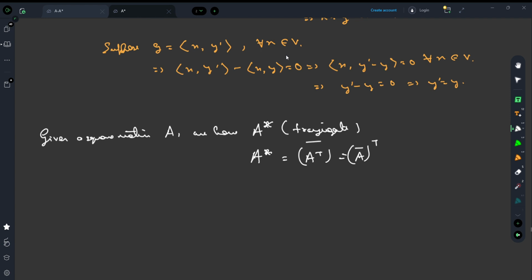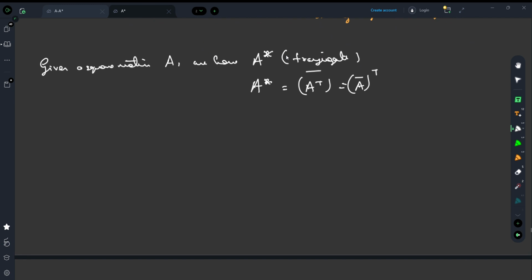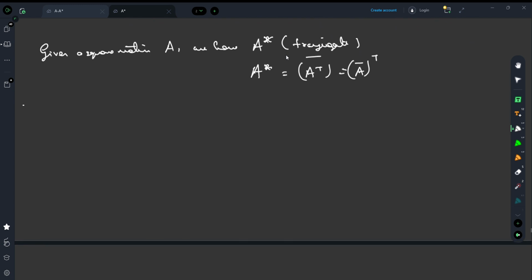So, provided we start with a square matrix, I can associate a linear operator to that matrix, and I can define a conjugate to that matrix as well. So I must be able to associate a linear operator to that conjugate of the matrix. This linear operator is actually the adjoint of the linear operator corresponding to the matrix we started with.